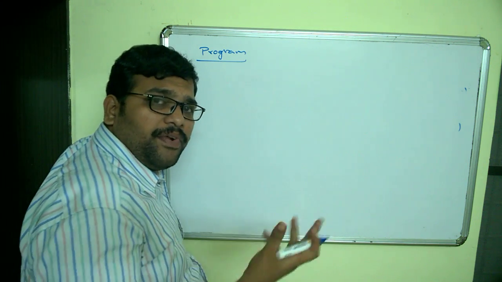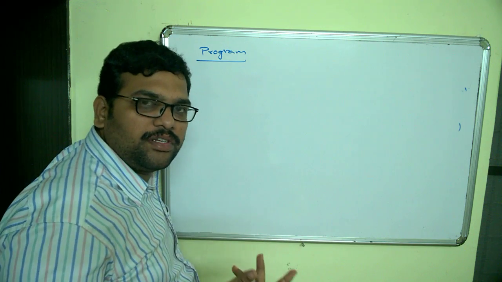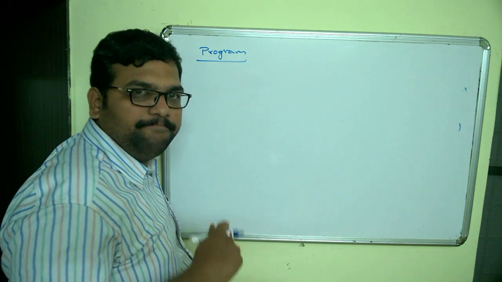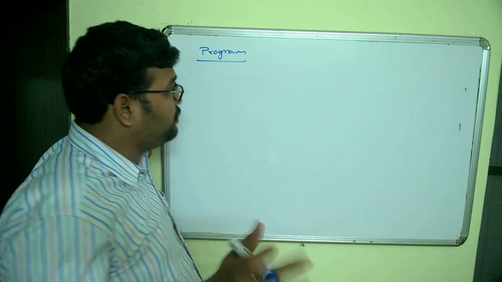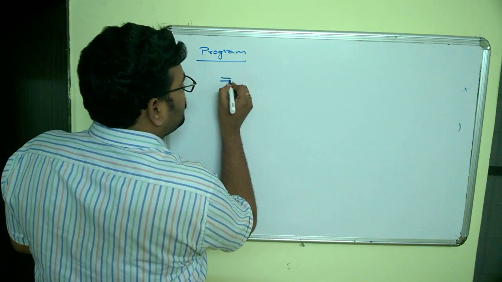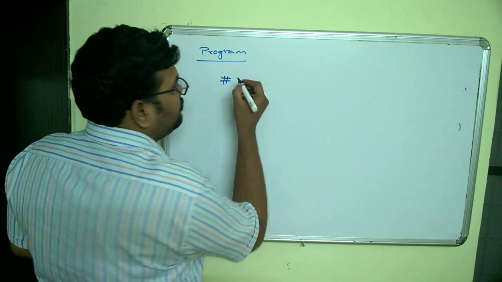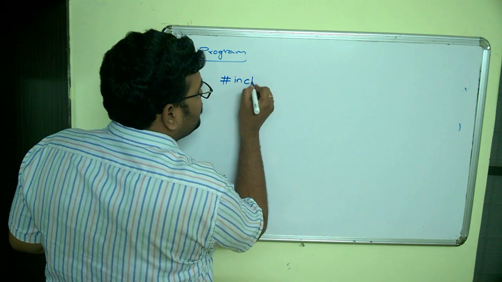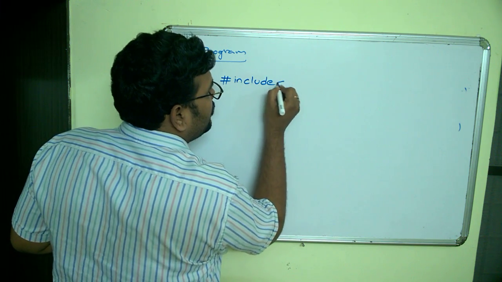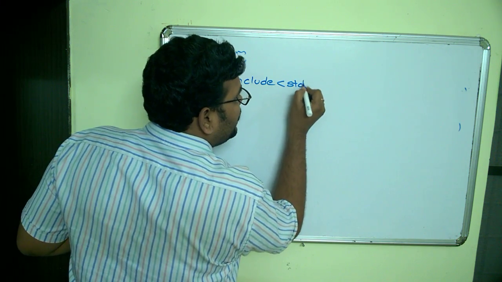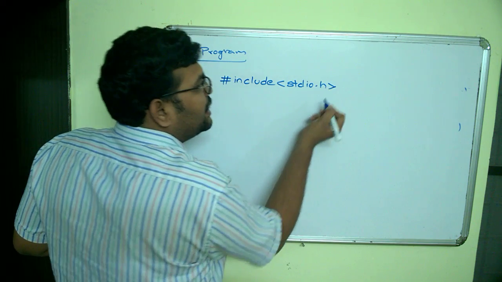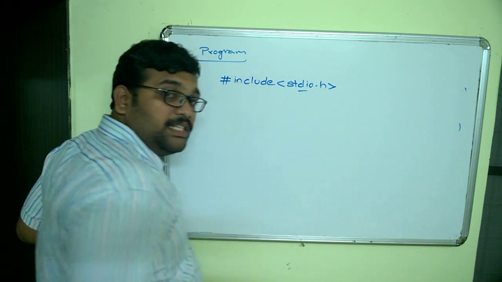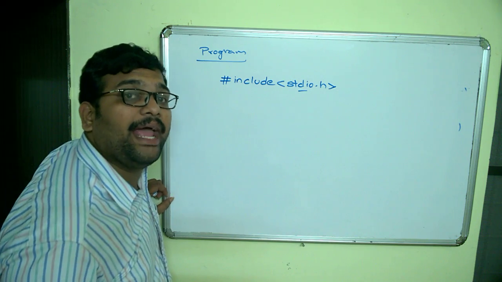So we have seen different data types: integer, float, character, double. These are all fundamental data types we have seen. So the first statement in the program is hash include stdio.h. Here stdio.h means standard input output header file.